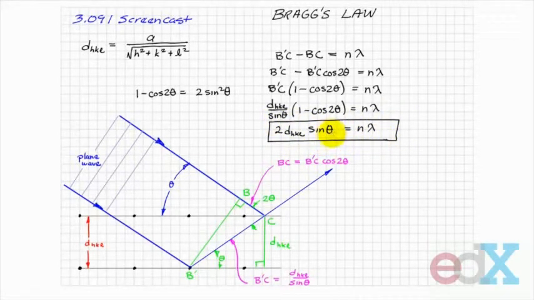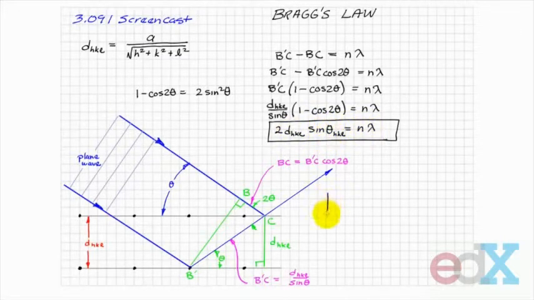I'll make one little addition here. Since this is a function of h, k, and l, and this is a function of which wavelength we use, then this means that the angle that we observe the constructive interference on will be a function of h, k, and l. In other words, for each h, k, and l, I'll calculate a d, use this equation to calculate the theta.